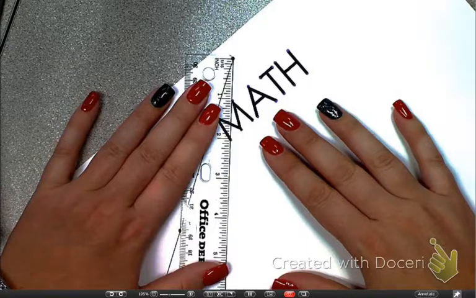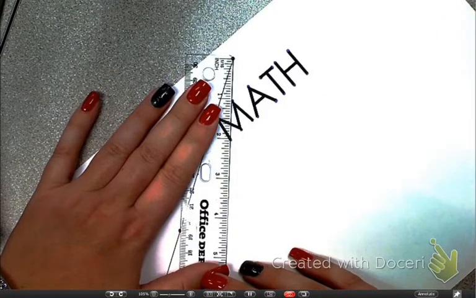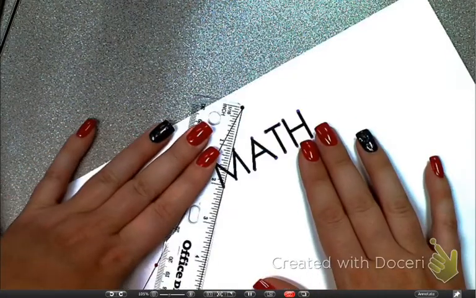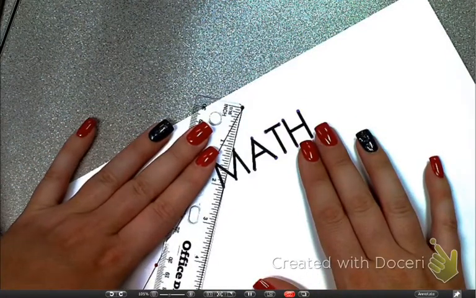Okay, and it looks like I am right at, hold on, I need to move closer. Yeah, I'm right at 2. Actually, I'm right in between 2 and 1/16. Yours might be a little different depending on where you placed your ruler.